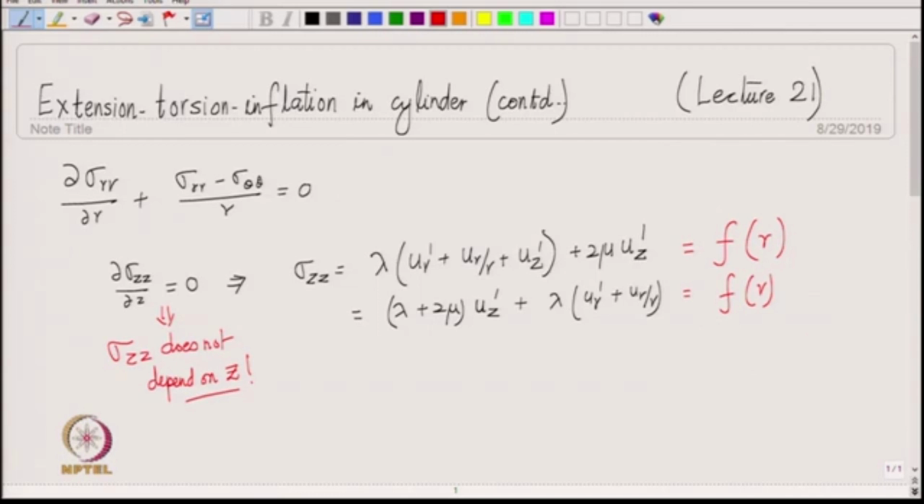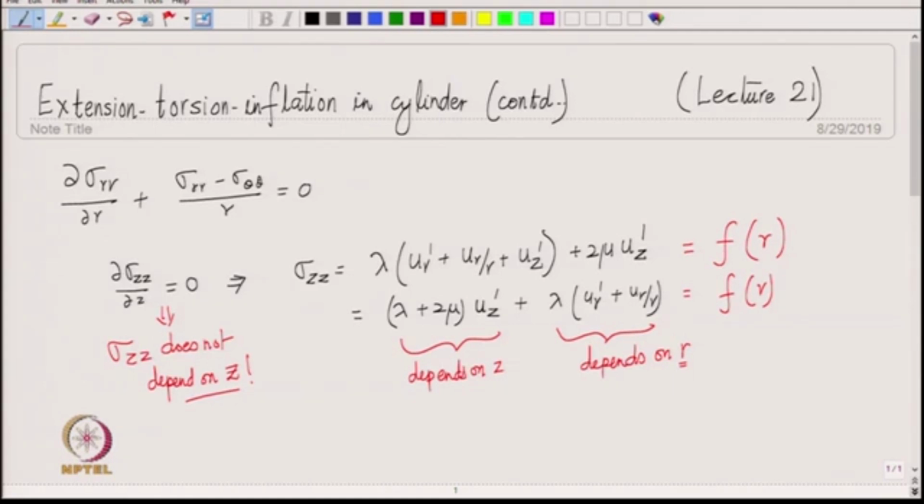But now, let us look at the left hand side and right hand side here. This thing here depends on r, whereas this thing over here depends on z, because u z is only a function of z. So, u z prime will also be just a function of z, not of r.